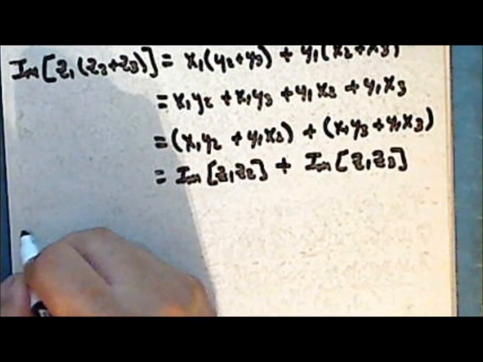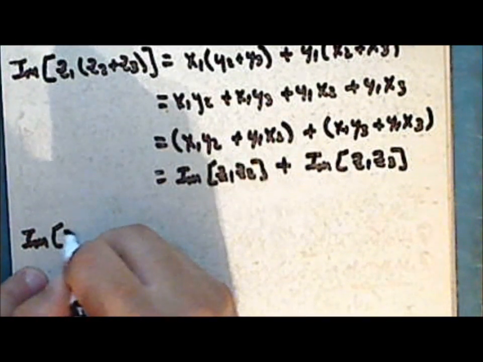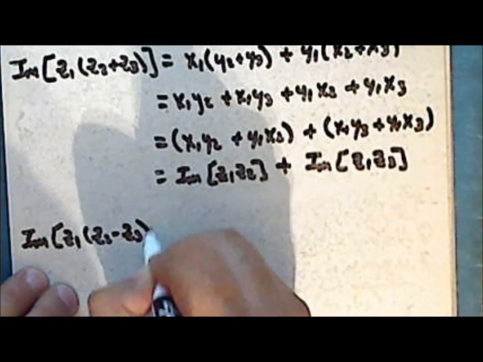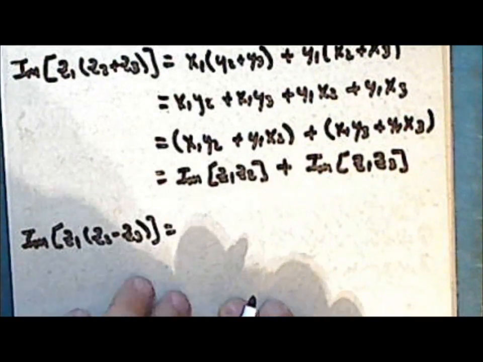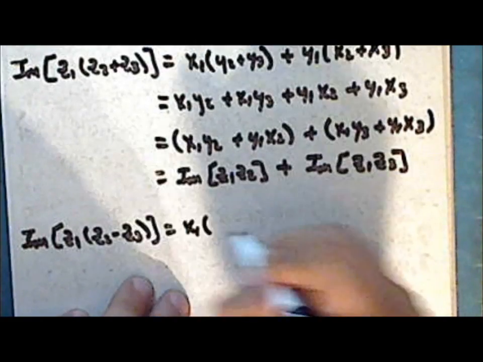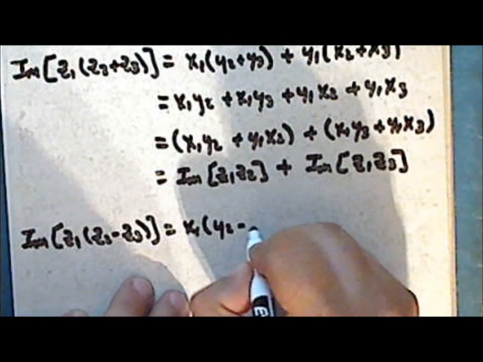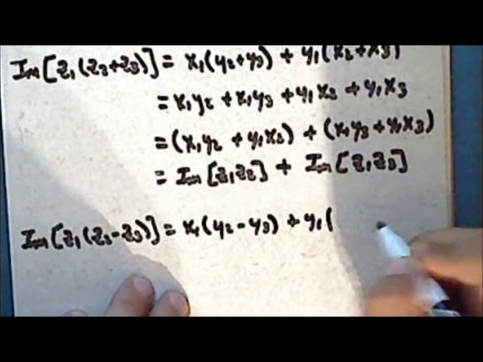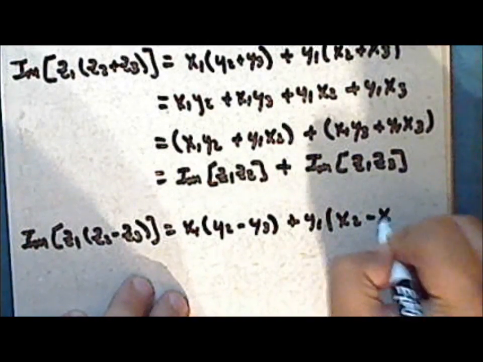So finally, we look at the imaginary part of the product of z1 with the difference z2 minus z3. And this is x1 times the quantity y2 minus y3, plus y1 times the quantity x2 minus x3.